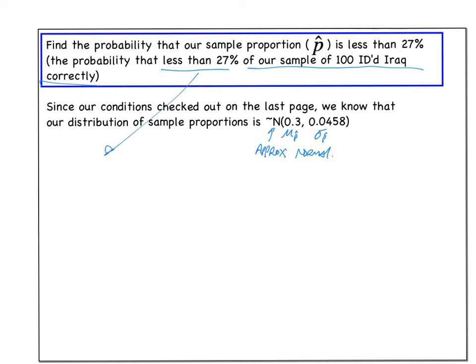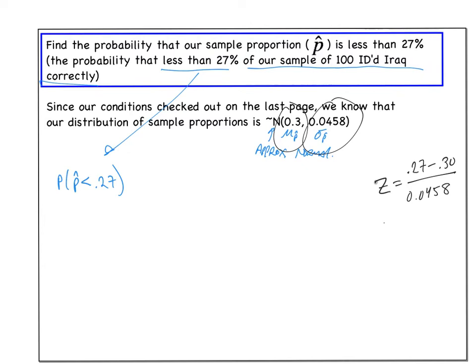This question up here, if I write it out in symbols, is asking us to find the probability that our sample proportion is less than 0.27, 27%. I'm going to do some side work over here, going to use my side work to get my z-score. So 0.27 minus the mean of 0.3 divided by my standard deviation of 0.0458.